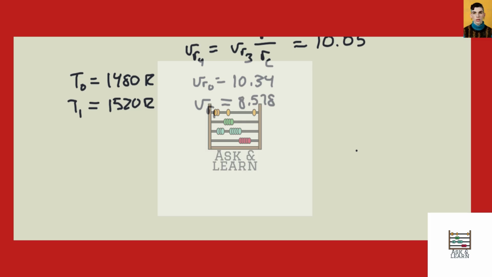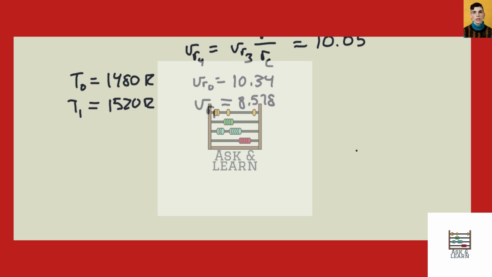I'm saying high and low just to differentiate between the initial state and the state above it. So obviously relative volume at 0 is higher than relative volume at 1, but it's based off of these temperatures.